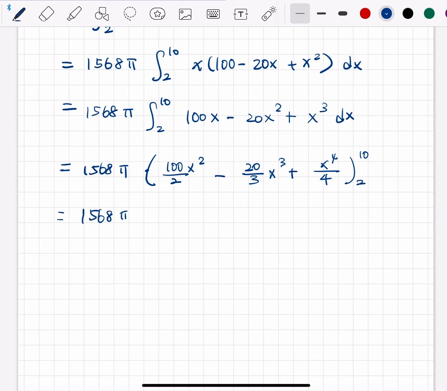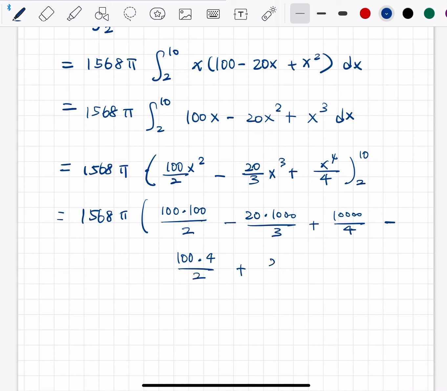1568 pi times 100 times 100 over 2 minus 20 times 1,000 over 3 plus 1 with 4 zeros over 4, minus 100 times 4 over 2 plus 20 times 8 over 3 minus 16 over 4.